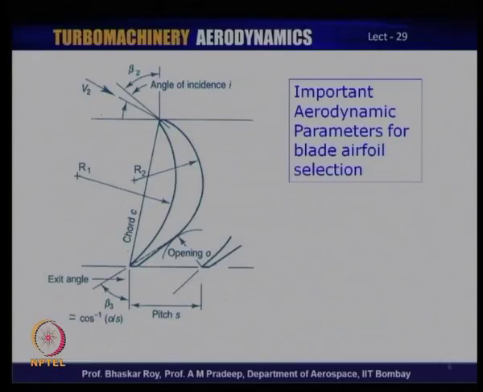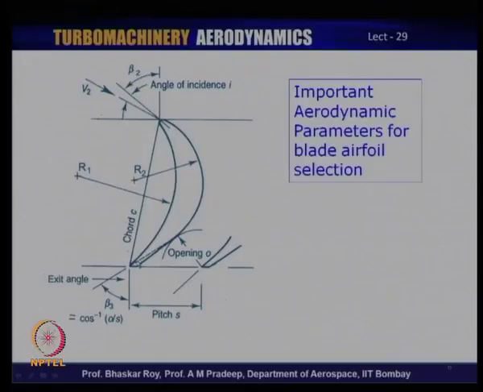The next issue is of course at the exit, where the flow is supposed to be going out with an angle beta 3, which is the exit angle, and you would indeed possibly have a very small deviation or flow turning that is slightly different from beta 2 plus beta 3.